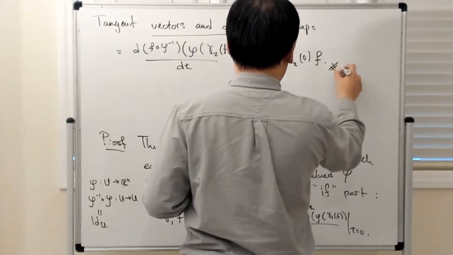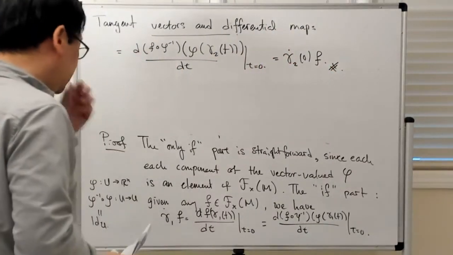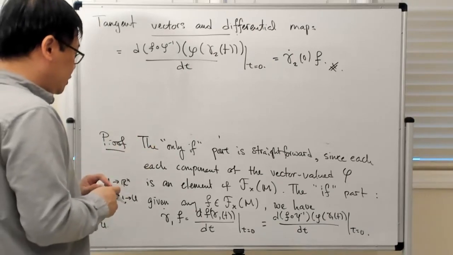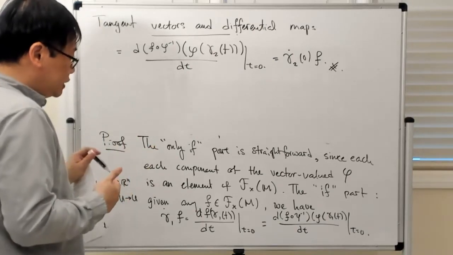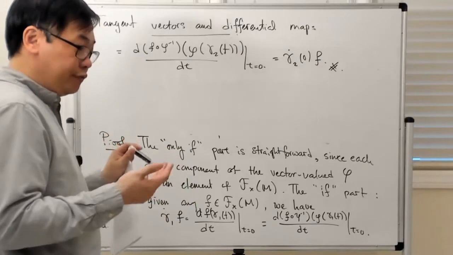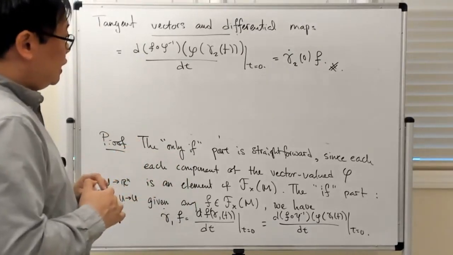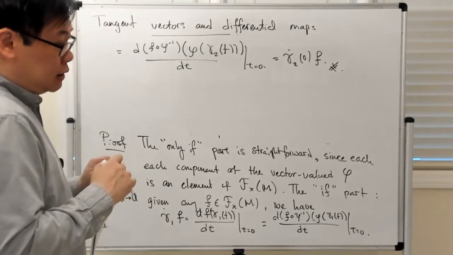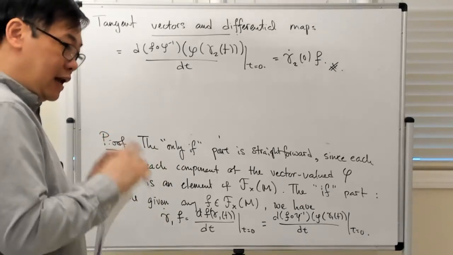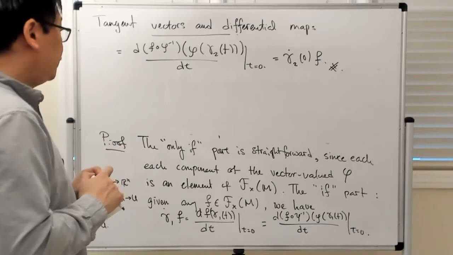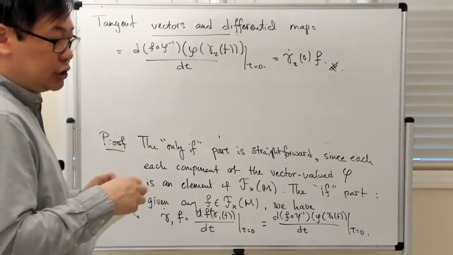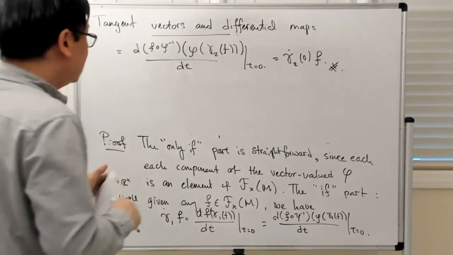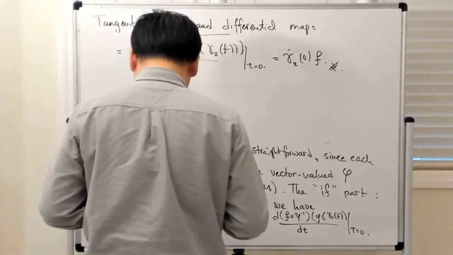So again, the bottom line is that you can check when two curves gamma 1 and gamma 2 can both be thought of as representing the same abstract tangent vector by looking at the notion of a classical derivative of the curve in some local coordinate chart. And as is the case, this notion is independent of the choice of the coordinate chart.